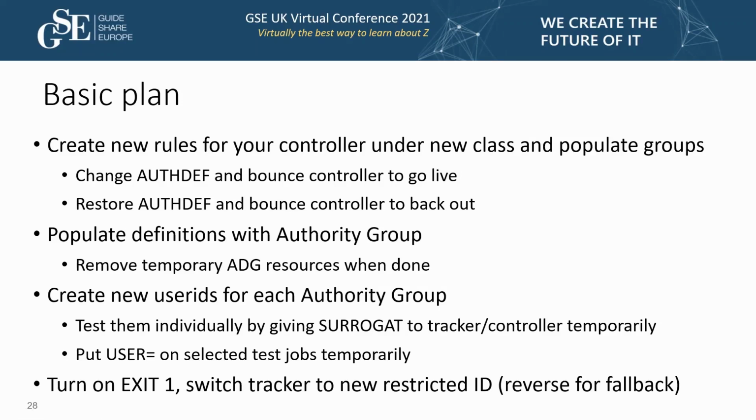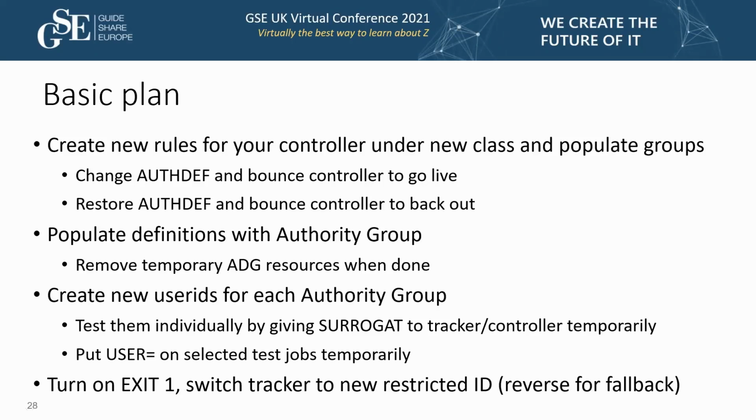And when you're confident that all of your authority groups have the relevant level of access to do what you would want them to do, you can then turn on exit 1 and switch the tracker to the new restricted ID. And again, if you find that that's gone wrong, you can reverse that, turning off exit 1 and going back to the normal godlike ID that your tracker controller has.